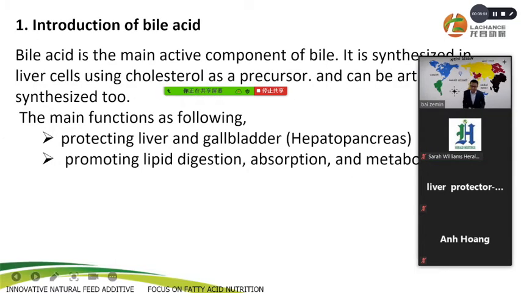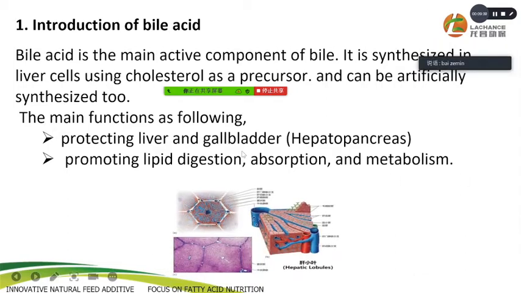Bile acid is actually a main active component of bile. It's synthesized in the liver cells using cholesterol as a precursor, and now we can also synthesize it artificially in a factory. The main function is protecting the liver and gallbladder of fish and the hepatopancreas of shrimp, and also promoting lipid digestion, absorption, and metabolism.